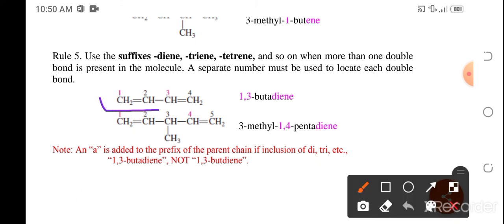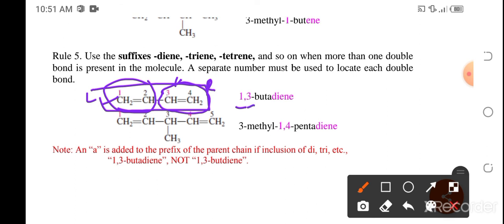So, these 4 carbon atoms have 2 double bonds. So, if numbering would be left to right, the first encountered double bond is between 1 and 2. So, the one that will be reflected in the name is just the lowest, so that's 1. And the next double bond is between the third and the fourth carbon atom of that parent chain, so we are only reflecting the smaller number 3.